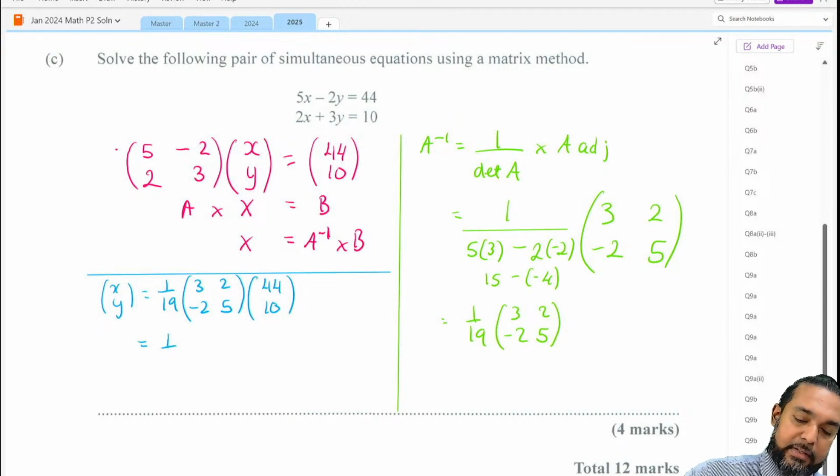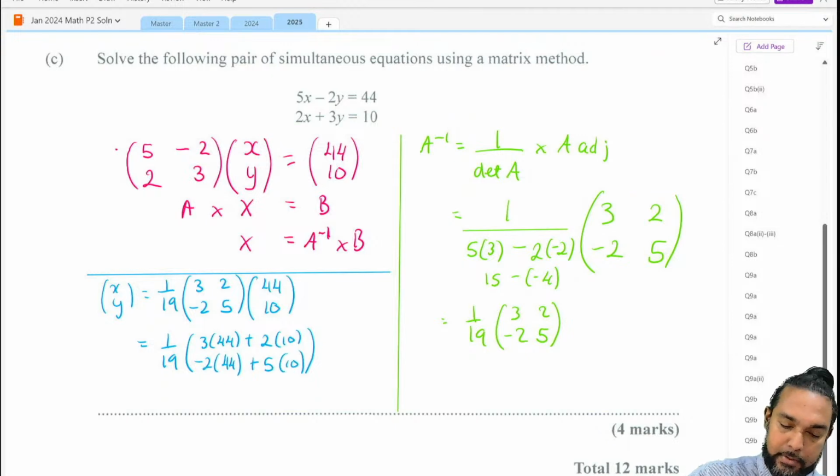Again, I like to leave the fraction on the outside. So now we're going to do row by column. So it's 3 multiplied by 44 plus 2 multiplied by 10. And then again, row by column. We're going to have minus 2 by 44 plus 5 by 10.